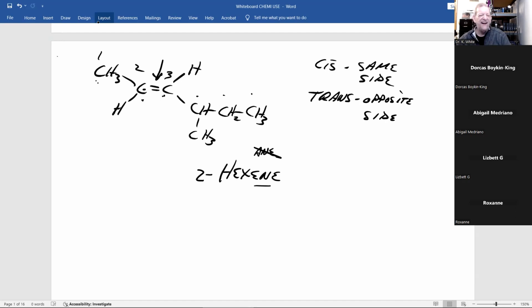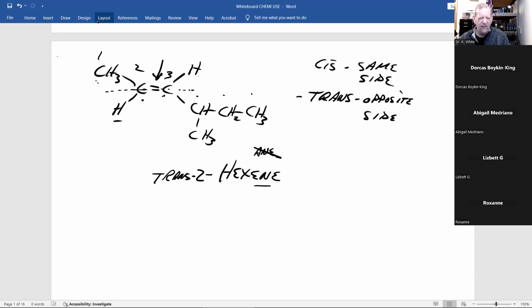If I had a mirror or a pencil or a line going across here, or a plane, notice these hydrogens are on the opposite side: trans. If they were on the same side, below or top, that would be cis. So that would be trans-2-hexene.